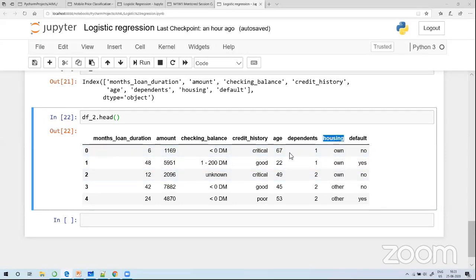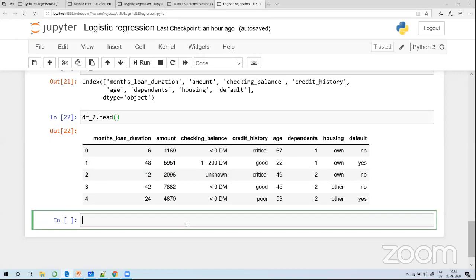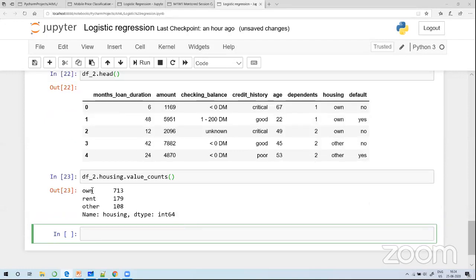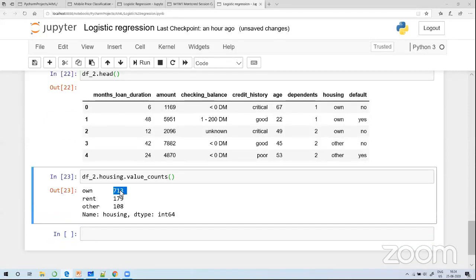Take housing. How many values are there in housing? So df_2 dot, what is the column name? Housing dot value_counts. This way you get how many unique values there are and the frequency of each.